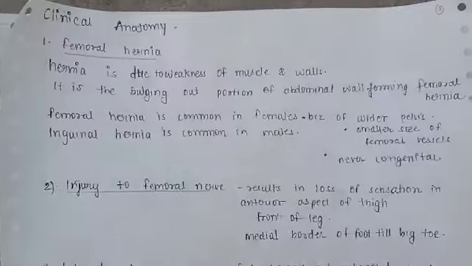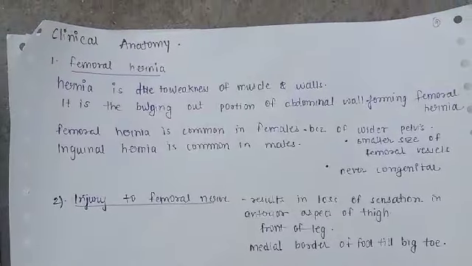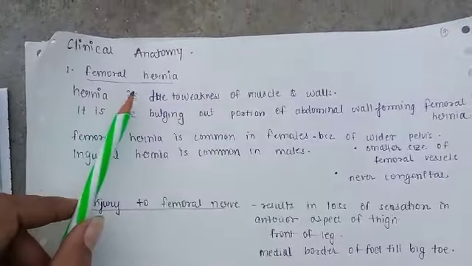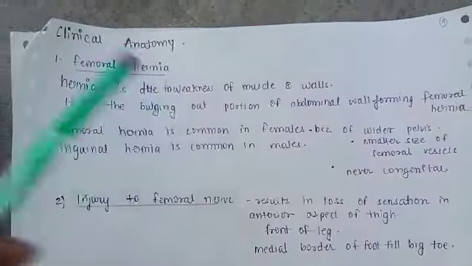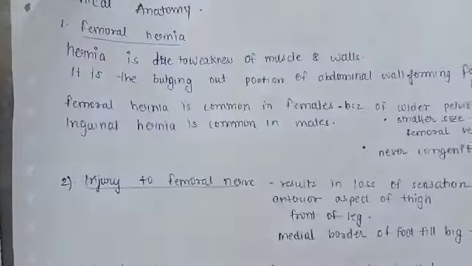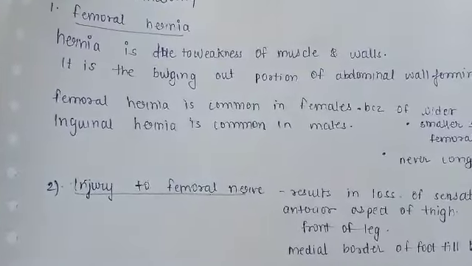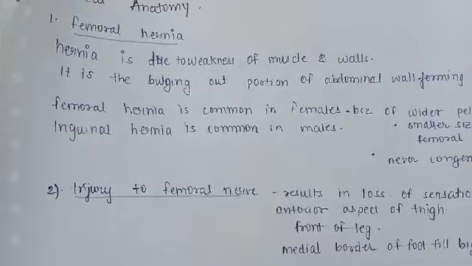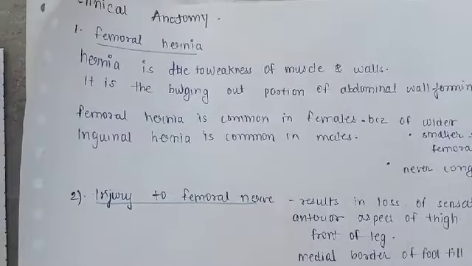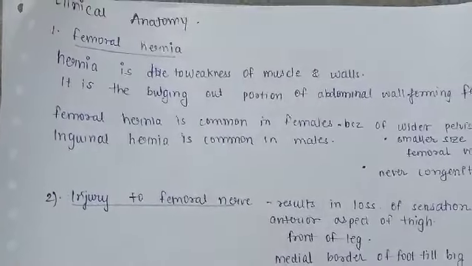Let's study the clinical anatomy of the femoral triangle. Firstly, there is femoral hernia. A hernia occurs due to the weakness of the muscles and the walls of the muscles. It is the bulging out portion of the muscles and the abdominal wall.